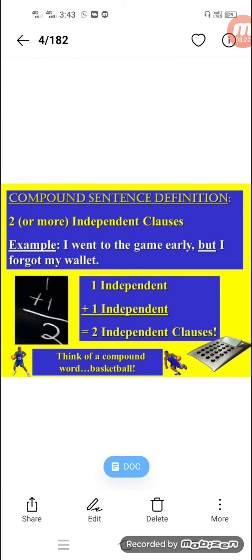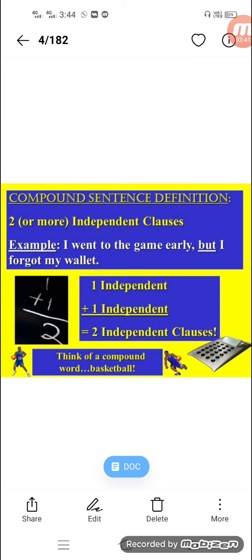Here we can say, I'm a teacher and a lawyer. Here we can say I'm a teacher and I'm a lawyer. If you want to combine these sentences, we generally use and.